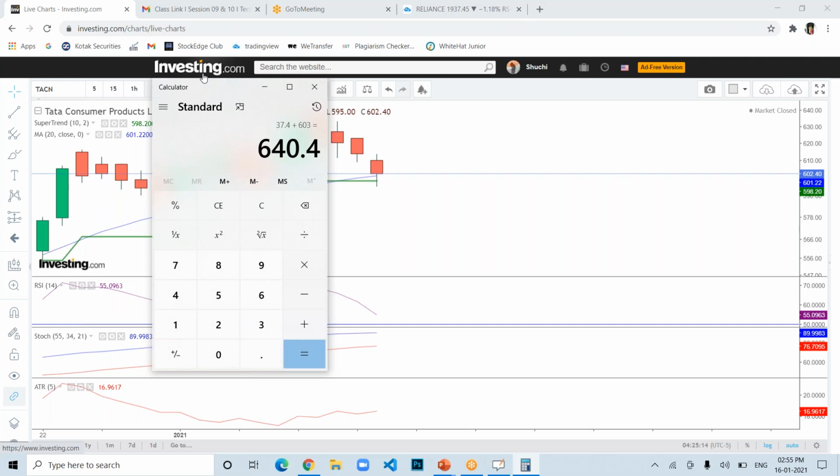Yes, Akhilesh, tell me. Yes, Aditya, you can trade derivatives also using this strategy. What needs to be remembered is that this strategy is only to be used on the daily time frame.